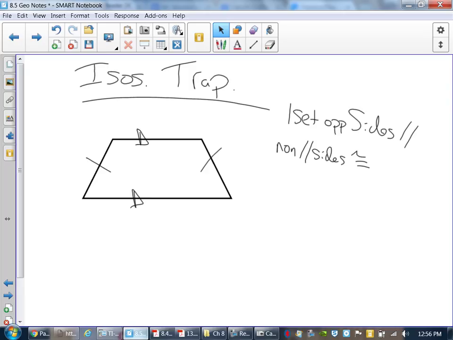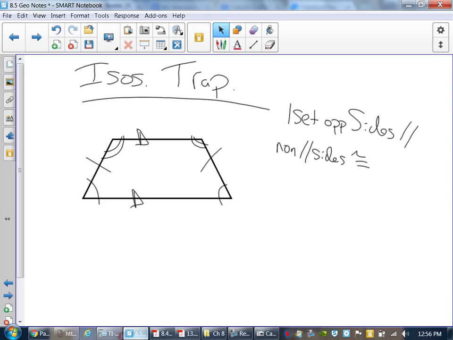So you've got two sets of congruent base angles. Now there's really no easy way to write down which set are always going to be congruent to one another.